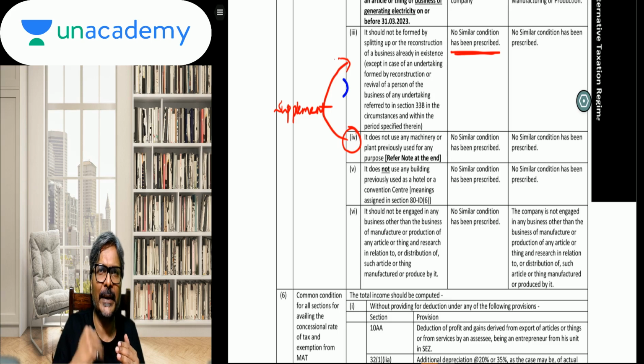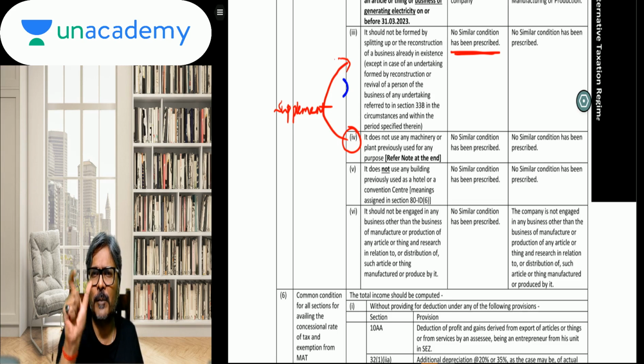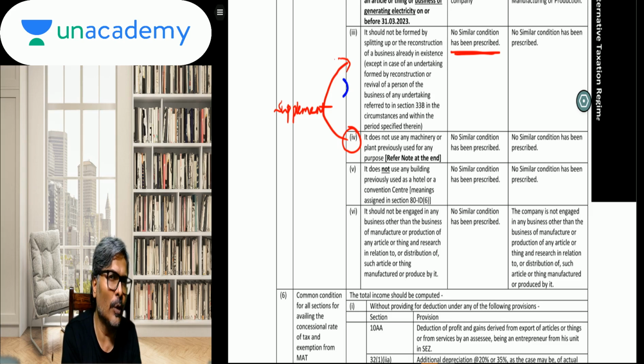How do we keep a check that the above point number 3 abuse has not taken place? One way to keep a check is that the business should not have been set up through old plant and machinery.